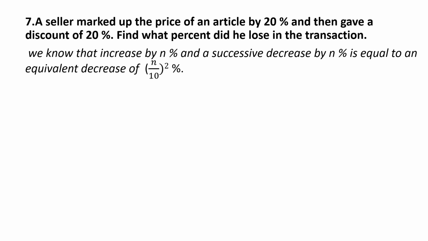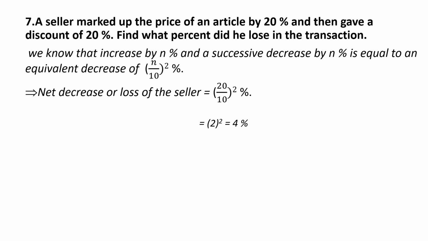Here it is first increased by 20%, then decreased by 20%. So the net decrease will be 20 by 10 whole square. 20 by 10 is 2, and 2 square is 4%. So the net equivalent decrease of the item is 4%. That means he lost 4% in his transaction.